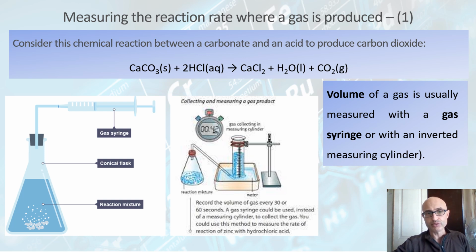I am sure that you would have come across both these setups, collection of a gas in a gas syringe and collection of a gas over water in year 9, when you were preparing hydrogen, oxygen and carbon dioxide in the lab. However, they can also be used to measure the rate of a chemical reaction.